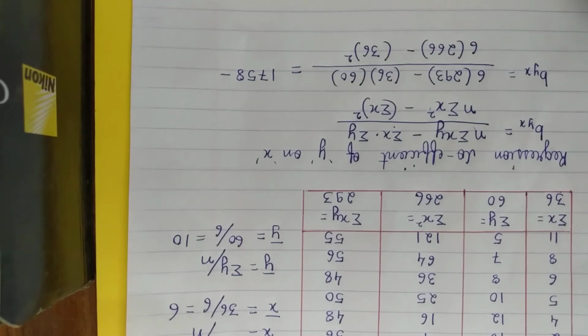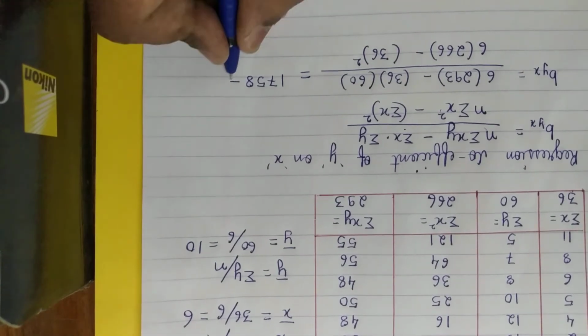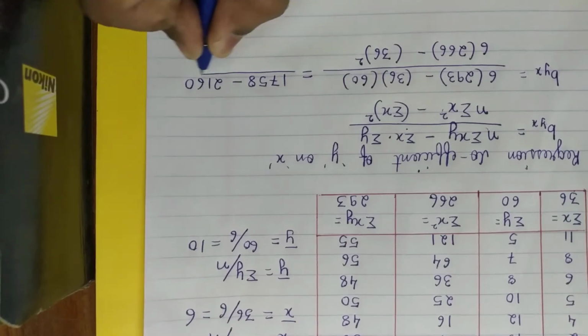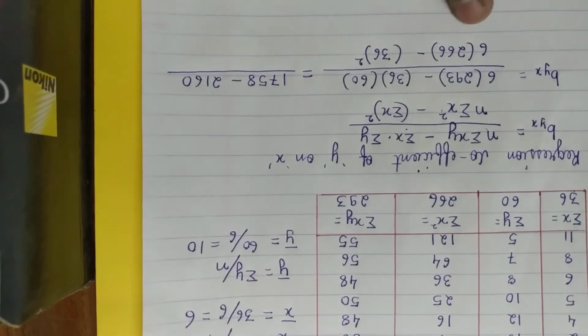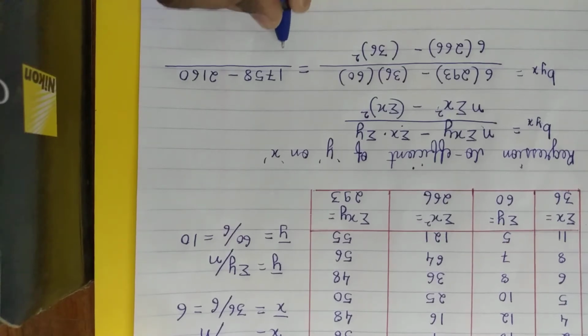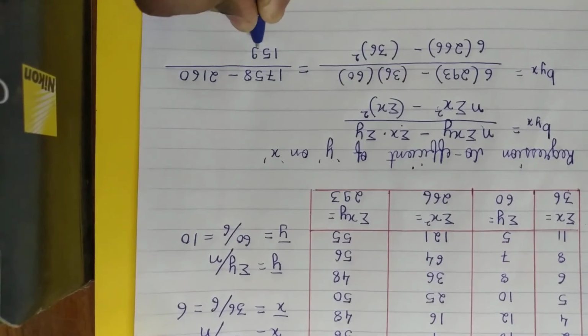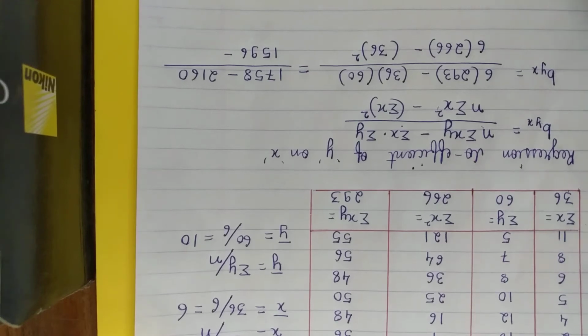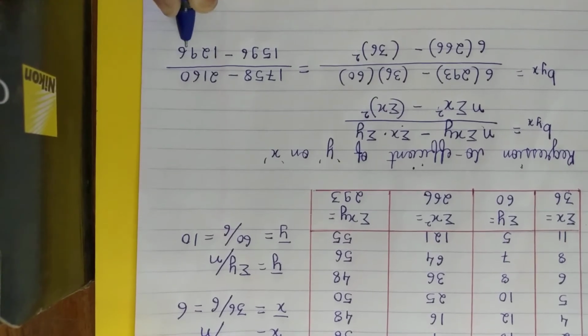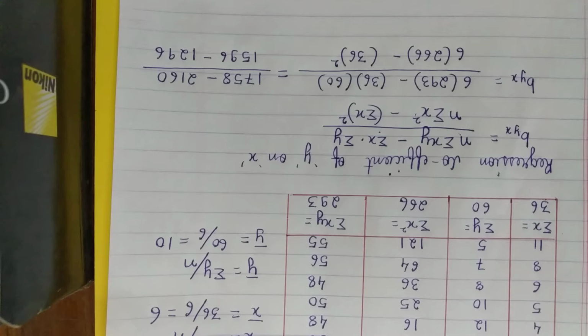I'll just calculate this: 36 into 60 is 2160, the whole divided by 6 into 266, which is 1596, minus 36 into 36, that is 36 square, 1296. Okay, this is what you will get.